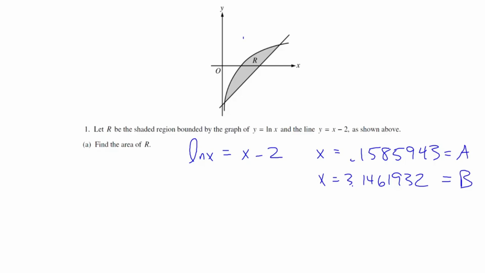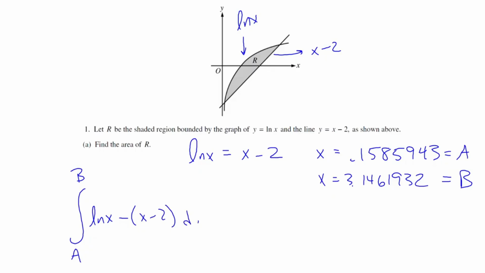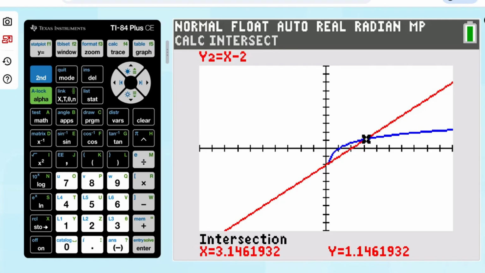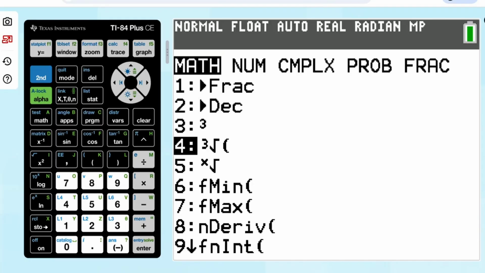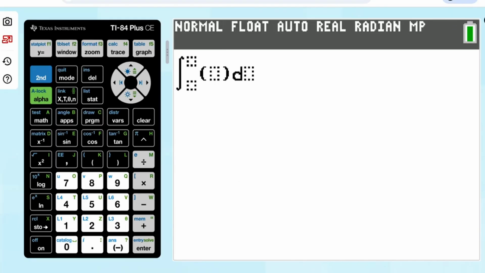And our upper function is clearly natural log of x, where our lower function is x minus 2. So to find the area between them, we just integrate from A to B, the natural log of x minus x minus 2 dx. And we'll do that on our calculator. So we'll hit second quit. We'll hit math, option number 9.